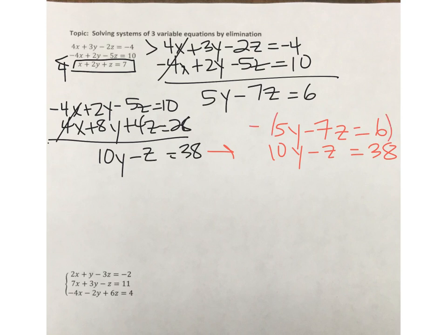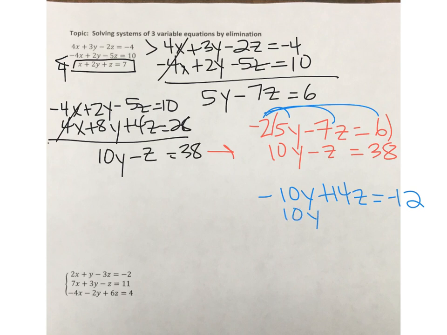So if I multiply this top one by -2, I can combine it with the bottom one and get rid of my y's. I'm going to rewrite those as -10y plus 14z, I'm distributing this, equals -12. And I'm going to leave the second equation alone: 10y minus z equals 38.